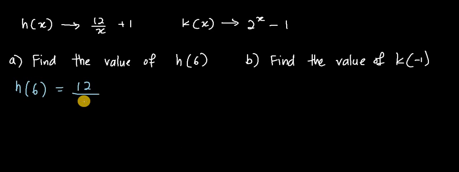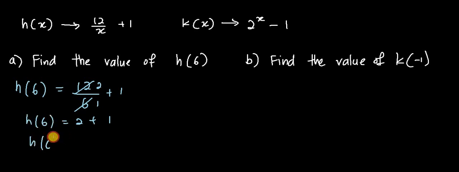So I'll get 12 over 6 plus 1. This I could simplify. I would get 1 and 2. So I'll just get 2 plus 1, h of 6. And here my answer h of 6 I would get is 3. As simple as that. I'm just substituting the 6 inside this equation.